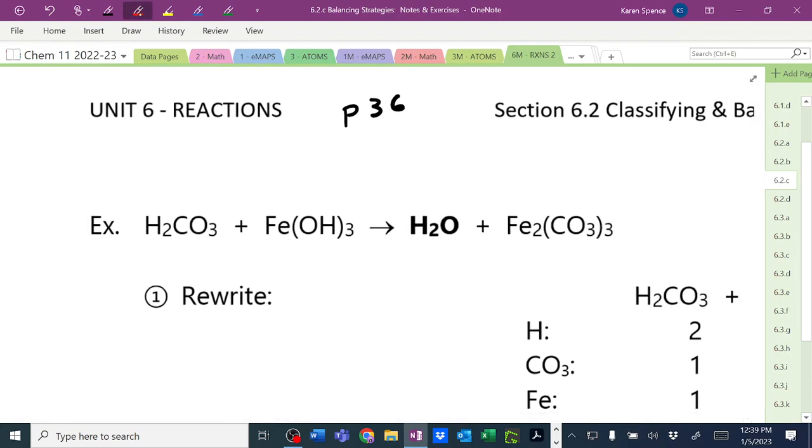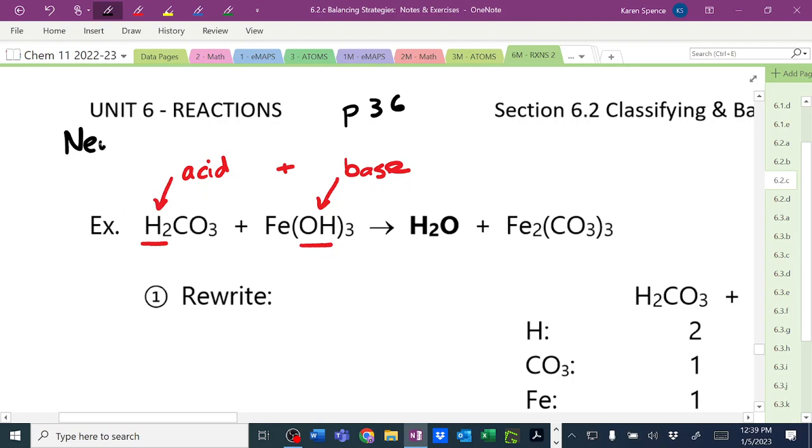Yeah, we have hydrogen, which tells us that we have an acid. And we have hydroxide, which tells us that we have a base. If we have an acid plus a base, what kind of reaction is that? Neutralization.